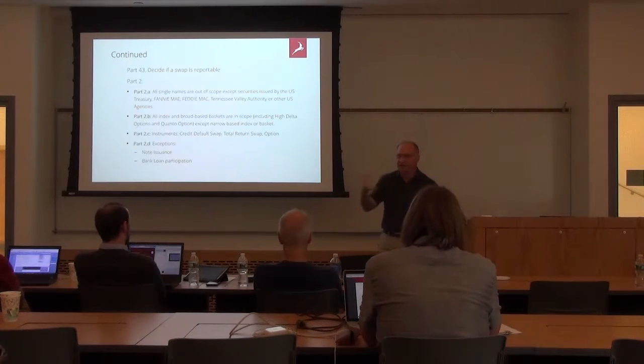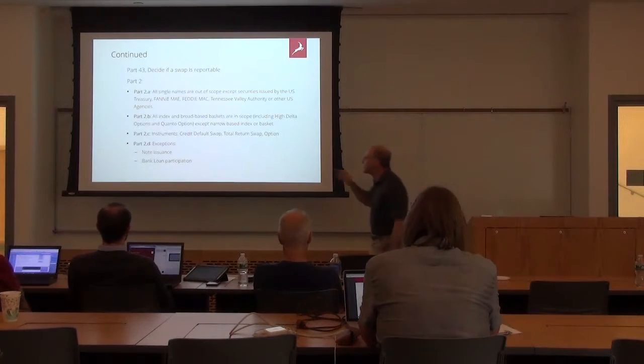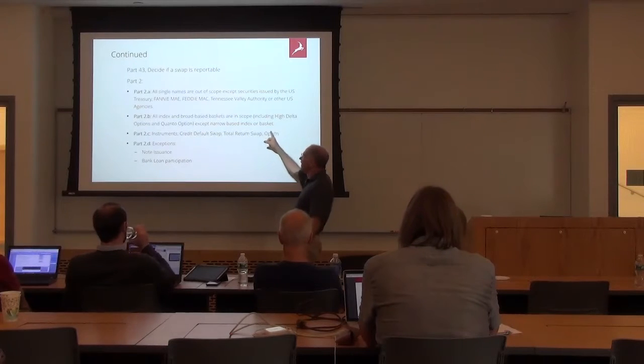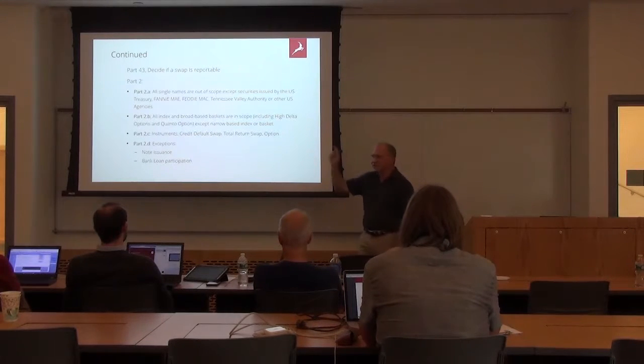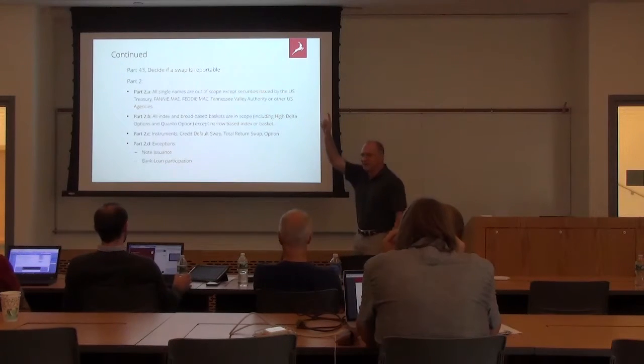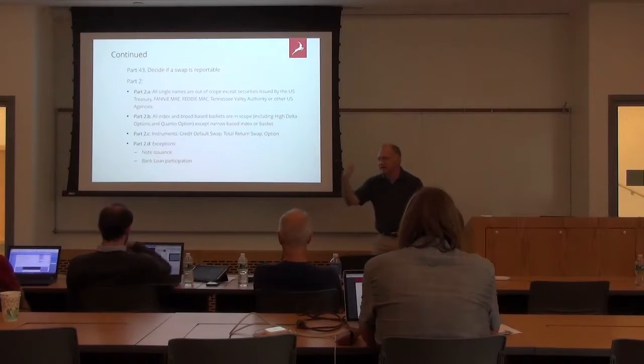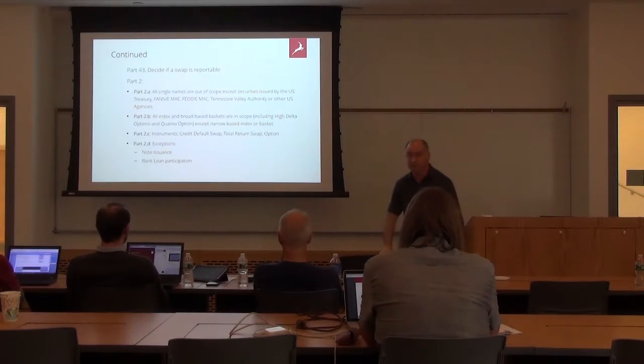So we're constantly flipping back and forth. If you take one section down here, you can't really understand what except narrow-based index swaps means unless you've read three paragraphs up, because you're having an exception to the exception. So it's flipped back onto a reportable swap.